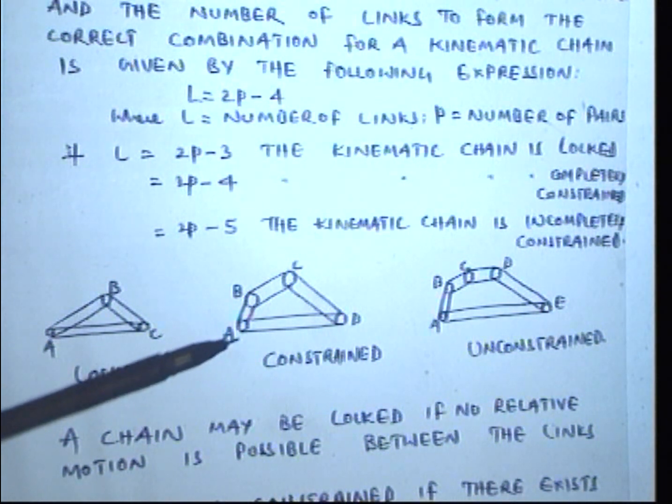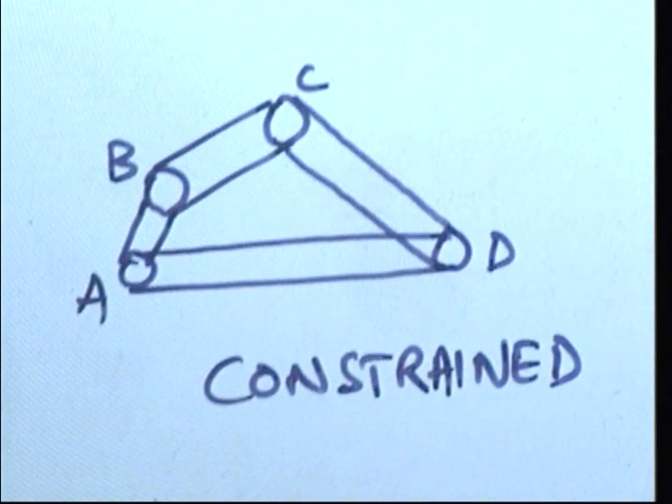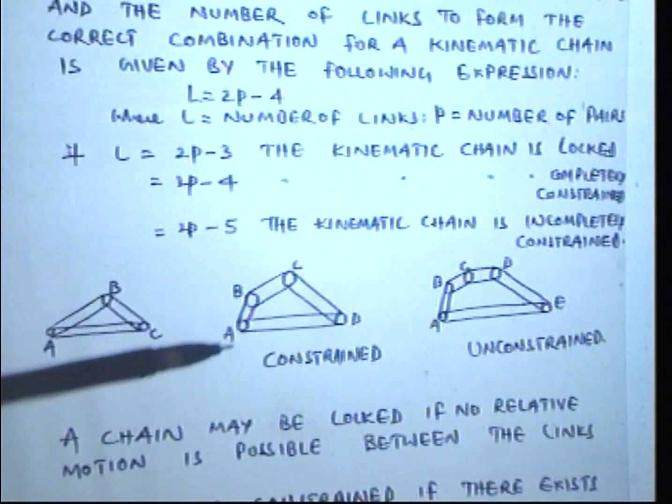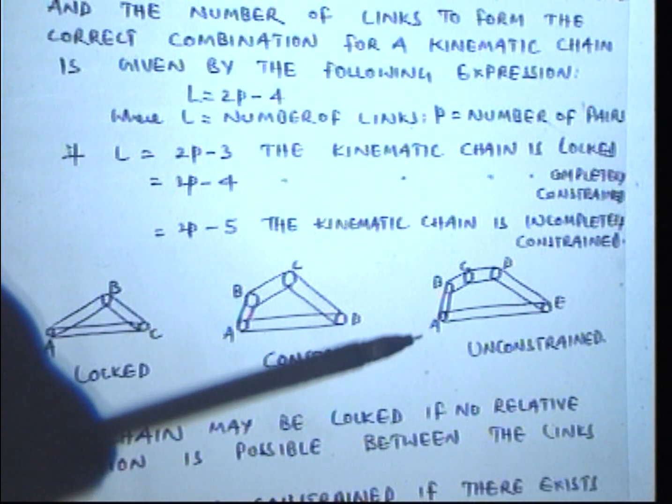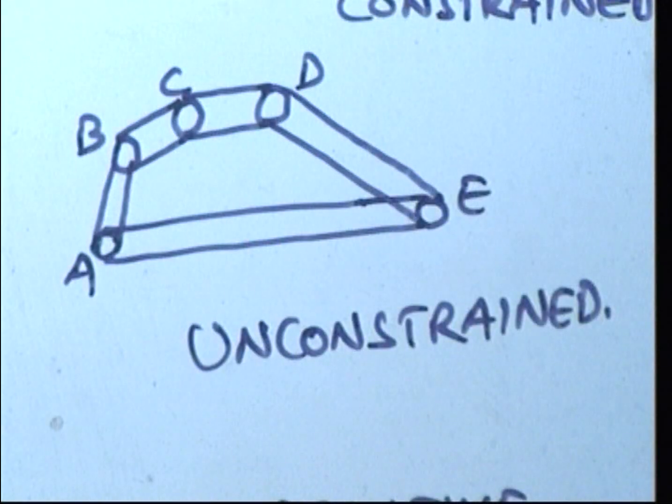Coming to the constrained kinematic chain, we have 4 links here, and the relative motion between any 2 links is totally constrained. That is, the motion is transmitted in a definite direction. Coming to the unconstrained kinematic chain, here you observe 5 links, and in this chain the motion is totally unconstrained.